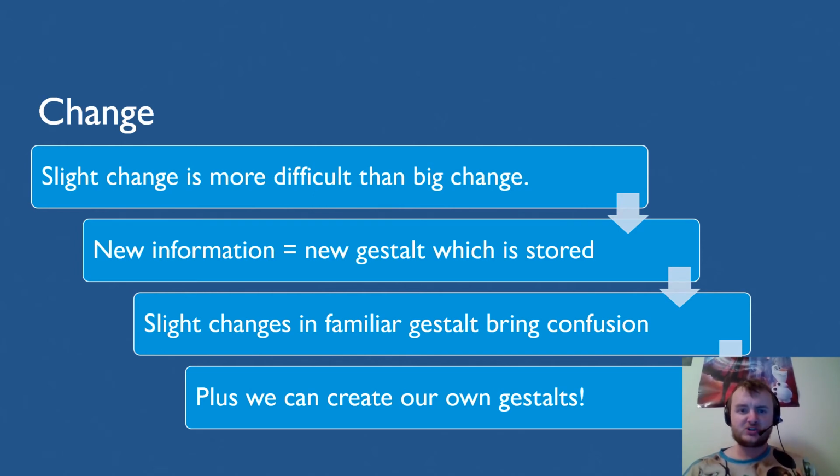The brain just sees it as a new gestalt and processes it accordingly. But if the changes in the familiar gestalt are even just slight, it can bring confusion. On the one hand, it becomes a completely new scene, and on the other hand, in the familiar situation, we are confronted with an unfamiliar environment.